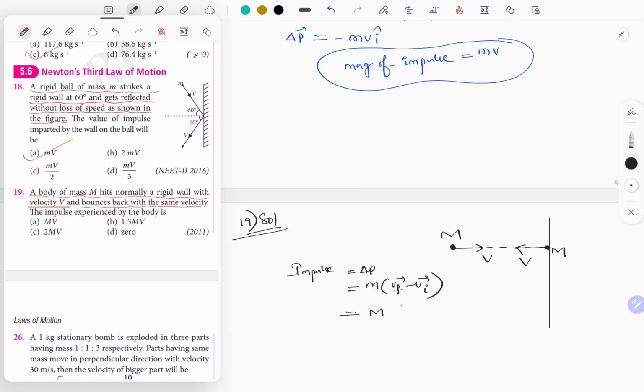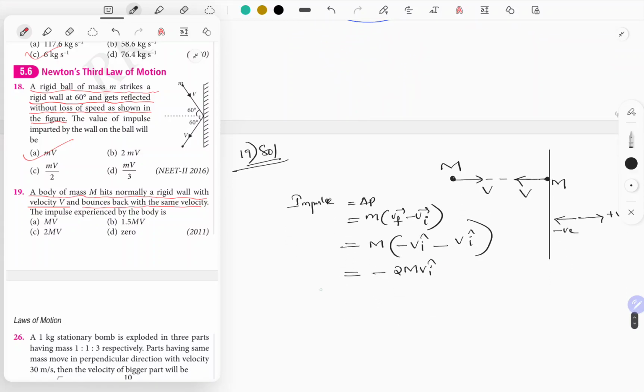M into final velocity: direction towards left or towards right? Towards left, so it is minus v i cap, minus initial velocity v i cap. This is where students get confused. As I am taking the forward direction as positive and the opposite direction as negative, this gives minus 2mv i cap.